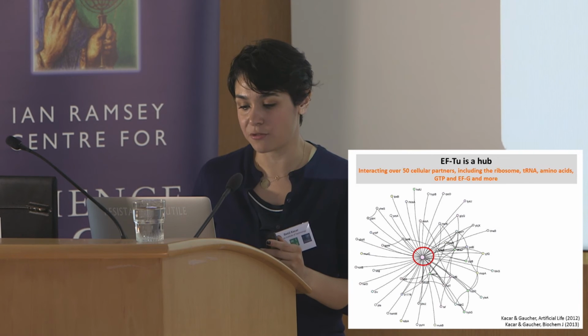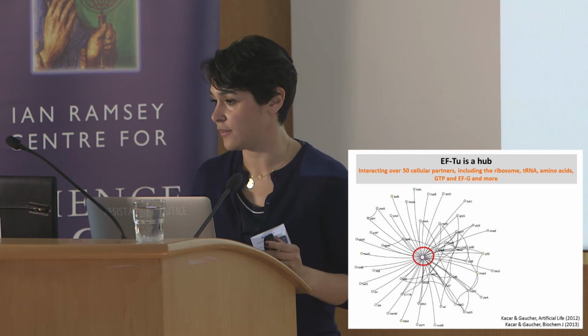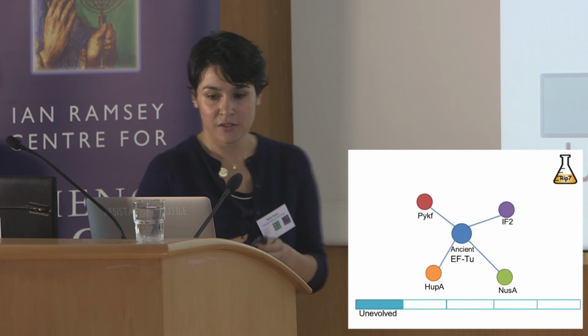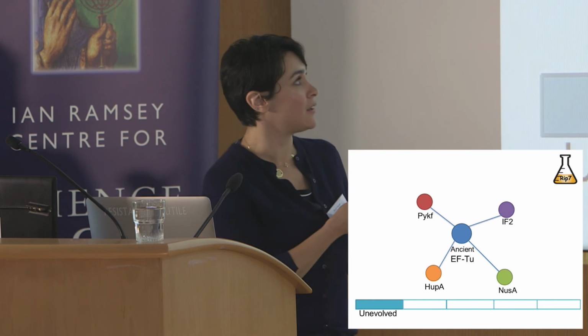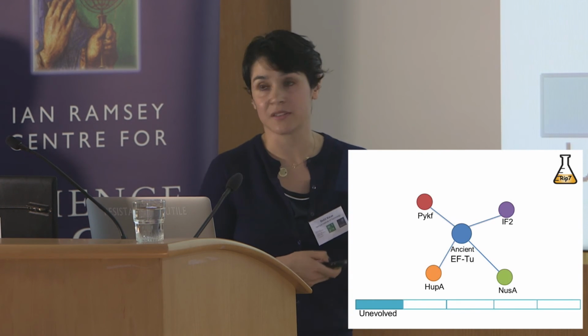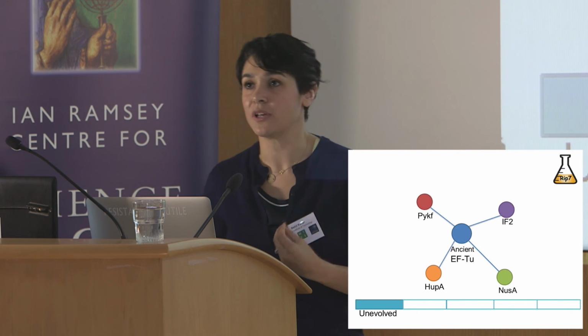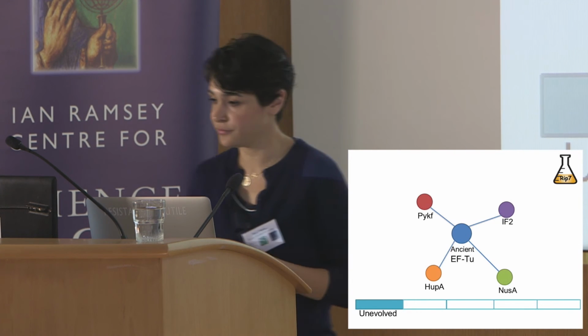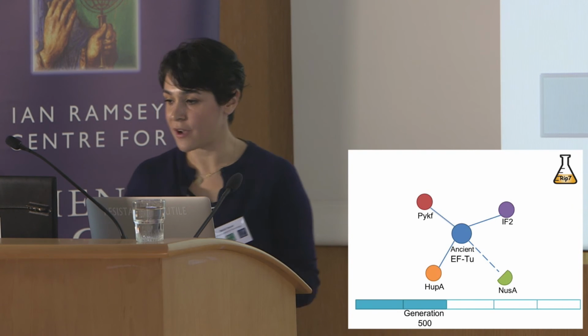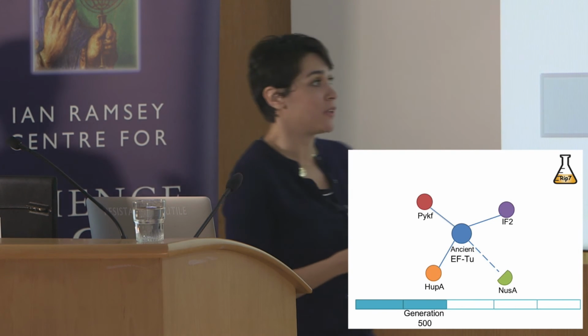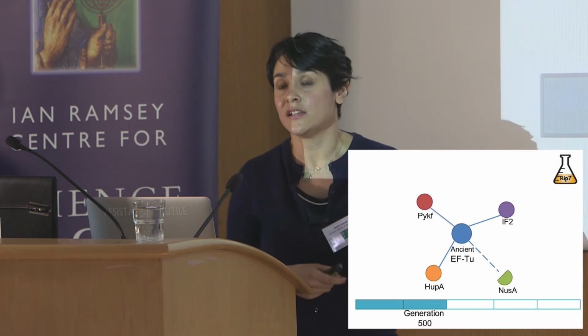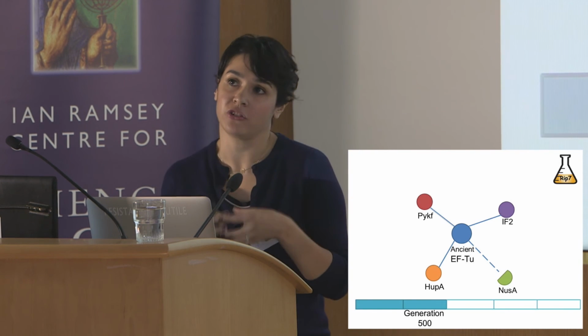Focusing in on 4 partners that accumulate the mutation. All right. So here we go. We have the ancient elongation factor as the hub in this system, and the 4 different proteins that accumulated mutations in this line. At generation 500, a mutation accumulated on this NAS-A protein that leads to a truncation of this protein.